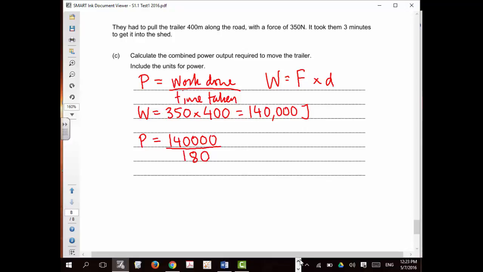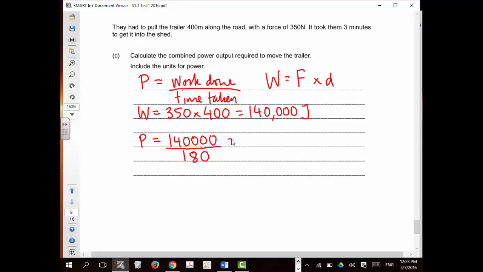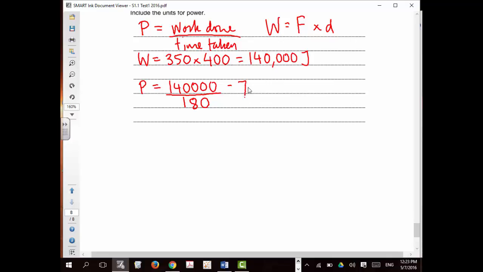So the correct answer here is 140,000 divided by 180, which is equal to 778, rounded. 778, and power is measured in joules per second, because we've divided a value in joules by a value in seconds, but a joule per second has a special name. It is a watt.